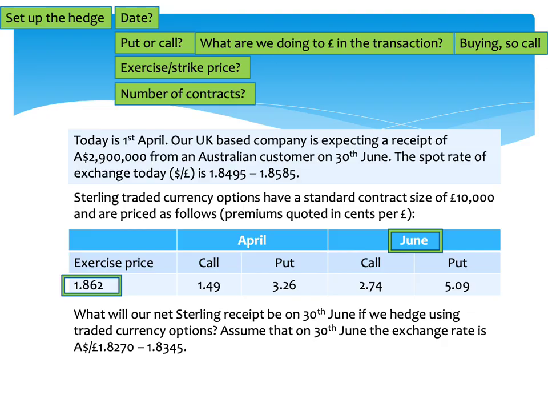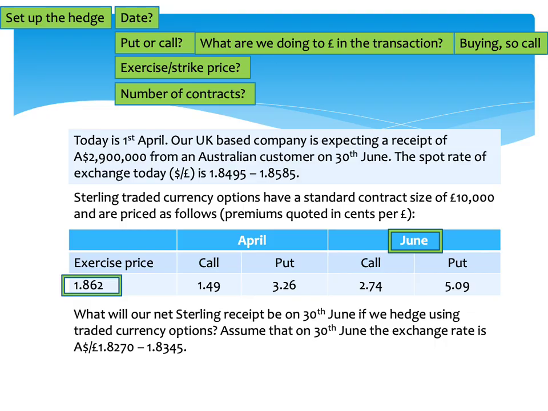Now, unfortunately, that means what we're trying to hedge, the 2.9 million, is in Australian dollars, and our contracts are in sterling. So we can't just divide one by the other to get the total number of contracts. We're going to have to take our transaction, our 2.9 million Australian dollars, and convert it into sterling.